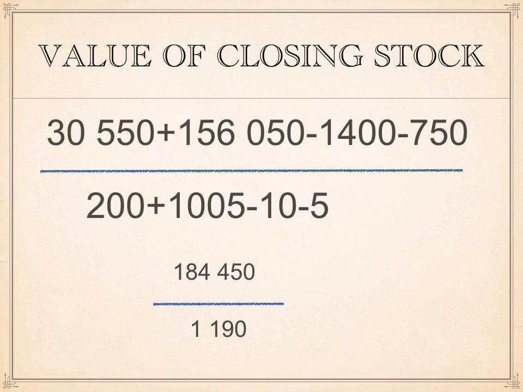So how do we determine the value of closing stock using weighted average? Remember the formula. Your numerator will be financial values or monetary values. So we will have the 30,550, which is our opening stock, plus 156,050, which is the total value of purchases, minus 1,400, which is the goods that we returned, minus 750, which is all the donated goods.